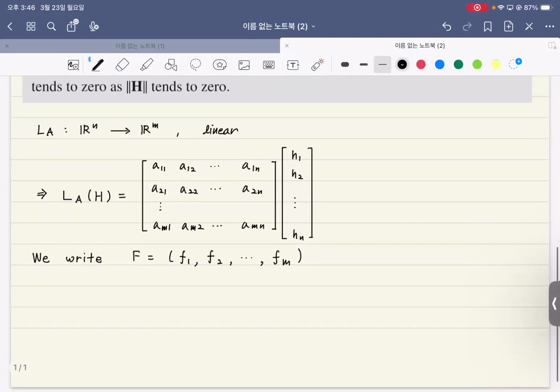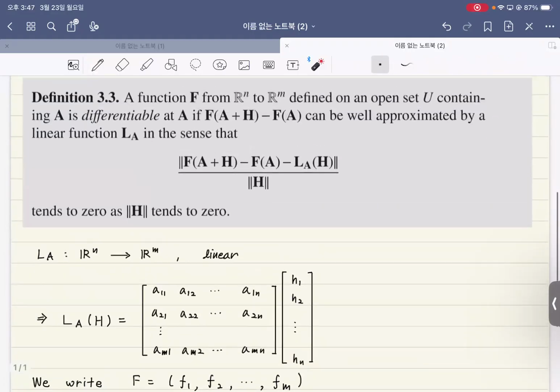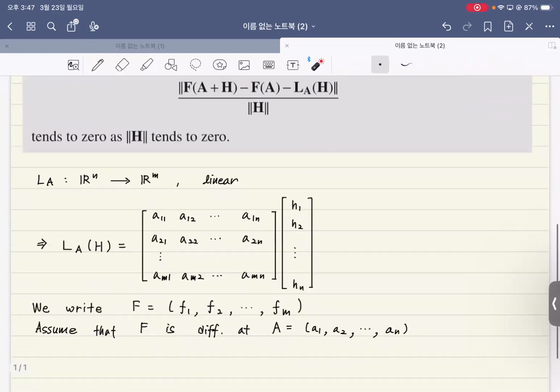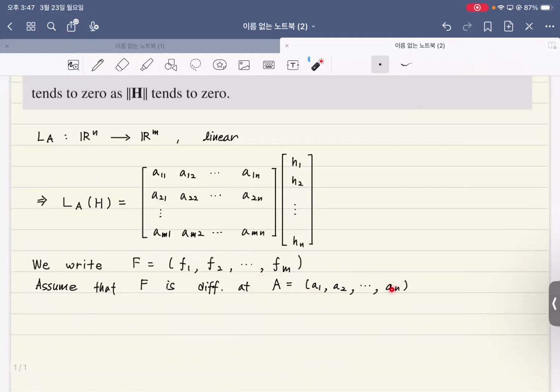Now we assume that f is differentiable at point a. In components, a is (a1, a2, ..., an), because a is a point in n-dimensional space, so these are just n numbers, the components of the point a.